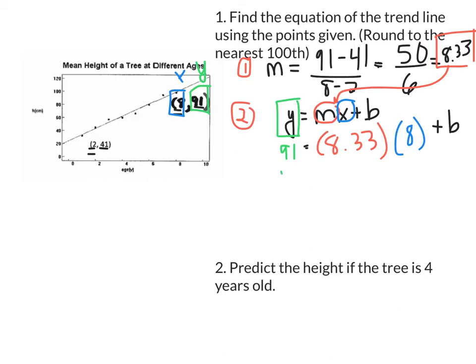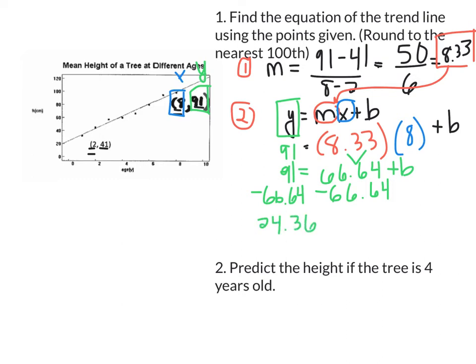That gives me that 91 is equal to, these multiply together to be 66.64 plus b. And then I've got to get b by itself, so I subtract 66.64 from both sides. 91 minus 66.64 is 24.36.